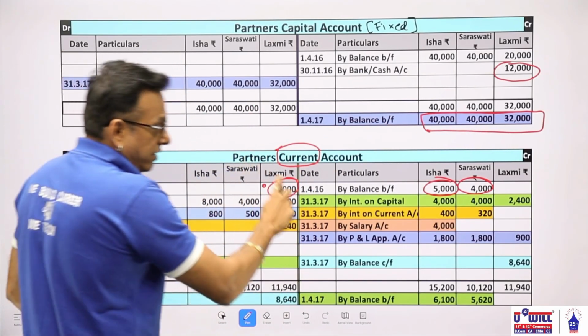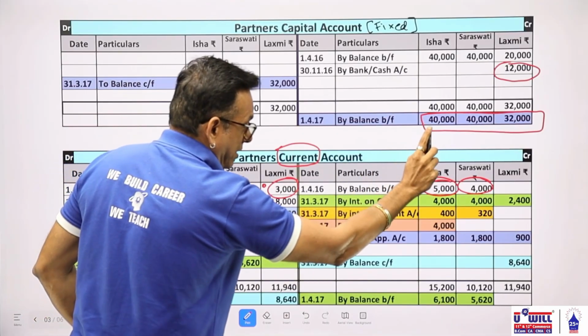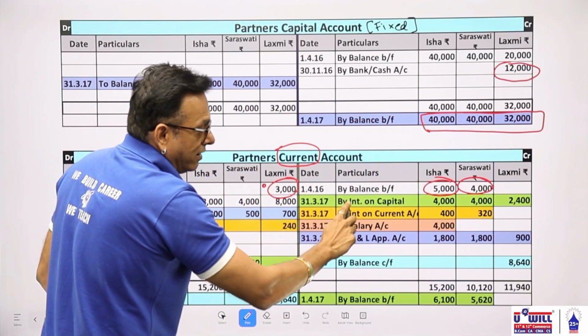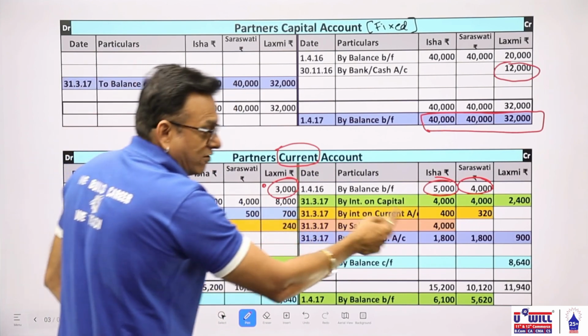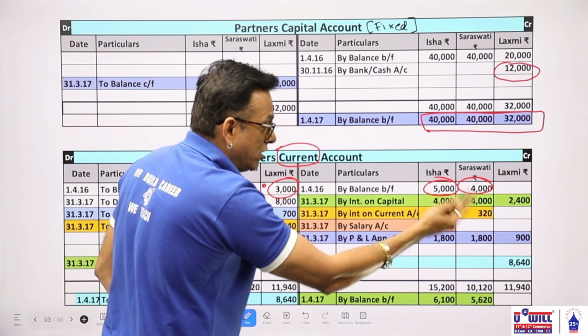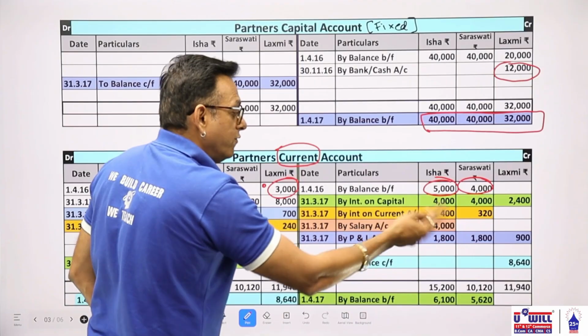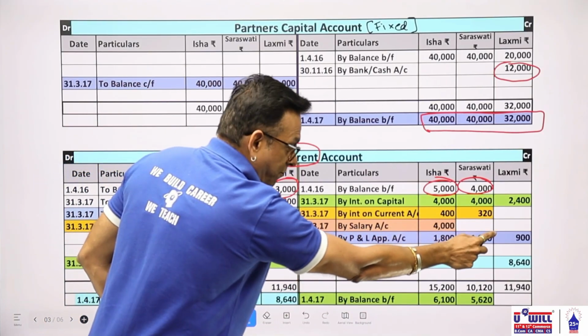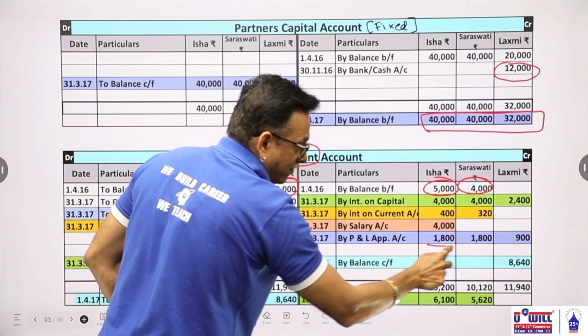Now, current account opening balances can be credit or they can be debit. Now, what all do we add? Interest on capital, interest on current account, not applicable to CBSE students, only for state board students. Salary, profit and loss appropriation. So this is the net divisible profit.